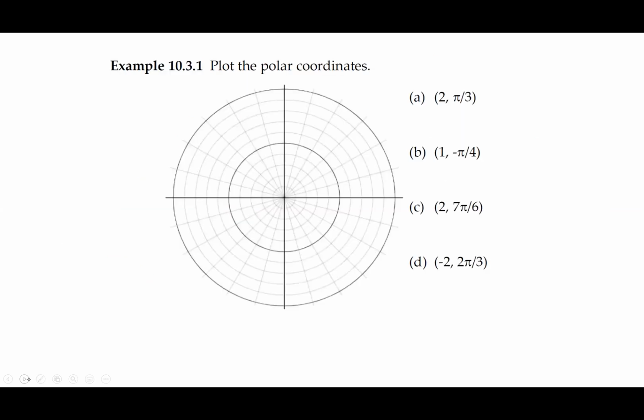Let's start by plotting. So what I have here is this polar coordinate system. My first point is 2, pi thirds. If we look at how this is oriented, this would be the positive x-axis, that would be like theta equals 0. Up here, the y-axis, that would be pi halves. Here's pi fourths.